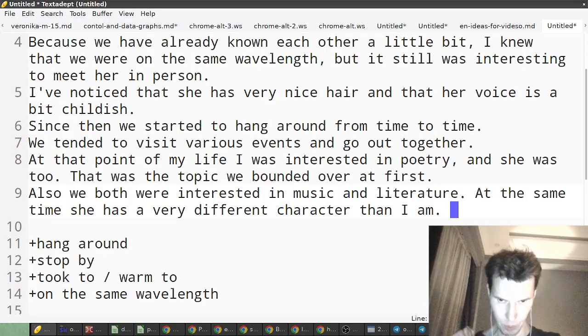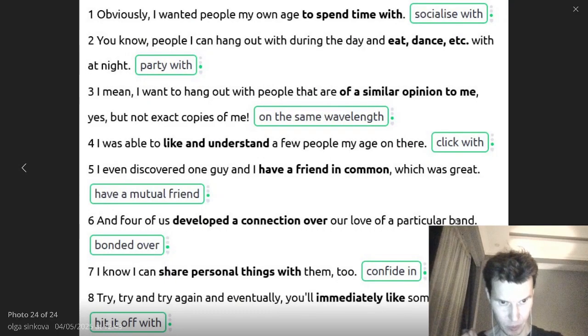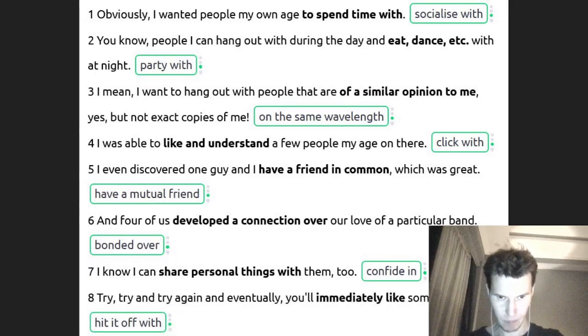So this is how different, yes. And I need to use these words. Share personal things with them. For example, maybe share personal things with them.